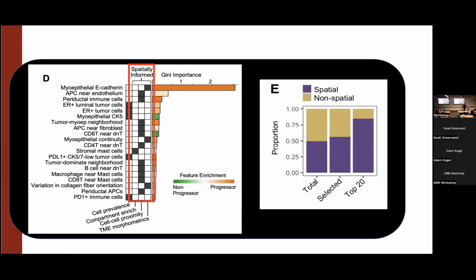It wasn't just about the composition of what was there, but where they were and what was going on around them, a lot of these extrinsic and spatial factors. Without just knowing the cell composition alone, in absence of the structure, you wouldn't have been able to make these predictions.